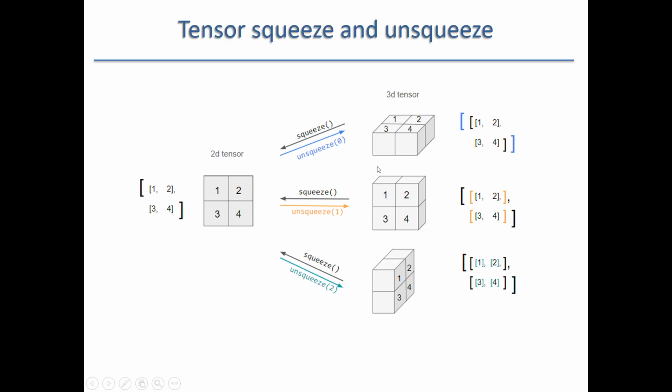And somehow this is trying to represent that. And the data is still the same. The numbers are still 1, 2, 3, 4. But how to interpret that data is different. So you see here we have a single element, and that element has 2 times 2 dimension.